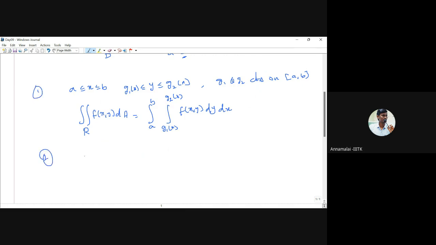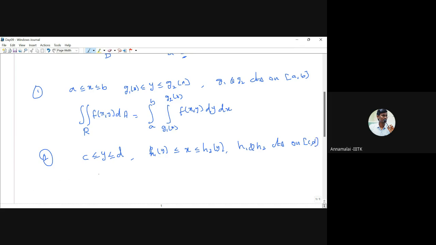Suppose y is bounded by some c and d, and x is bounded by h1 of y, less than or equal to x, less than or equal to h2 of y, where h1 and h2 are continuous functions on the interval c comma d.